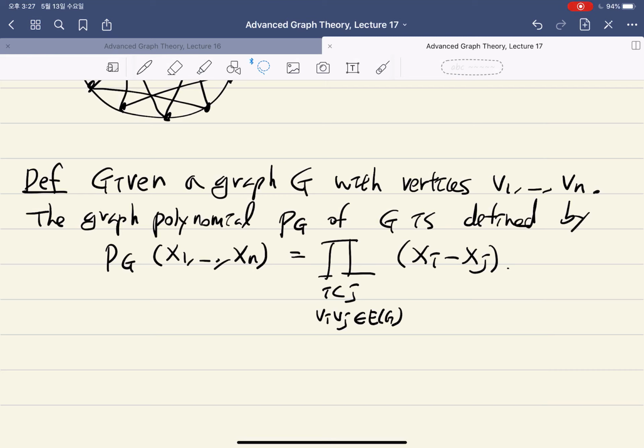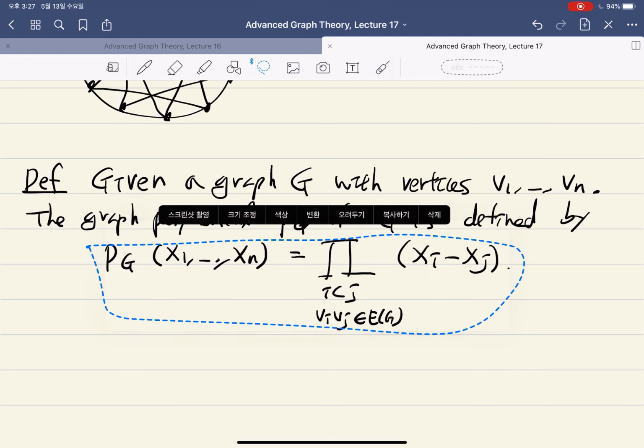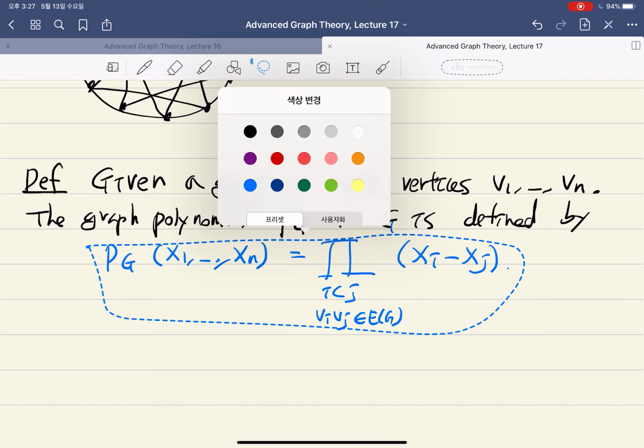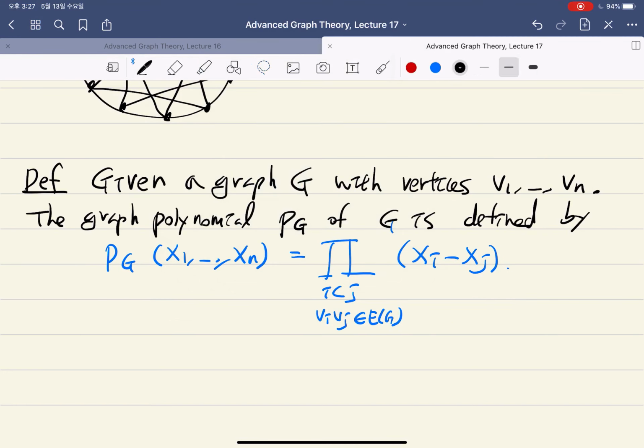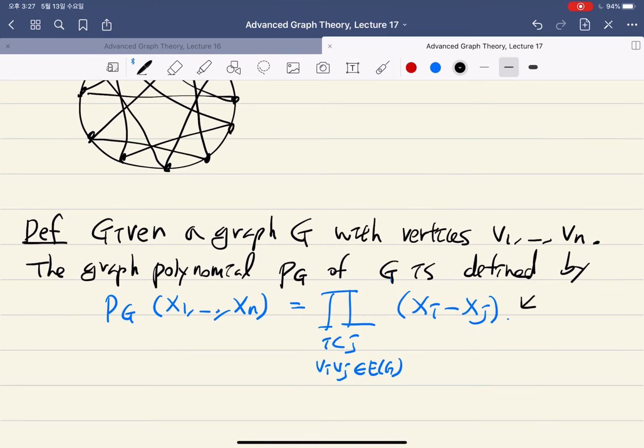Then this polynomial carries the full information of the graph. Actually, in the early days, one of the motivations to study graphs was to study this polynomial. That's some of the reasons why we define some terminology in that way.